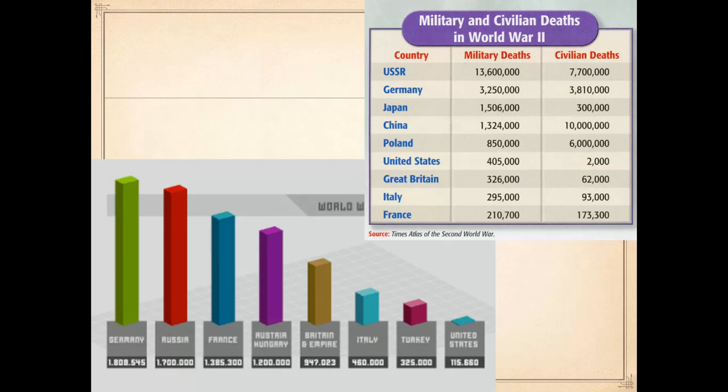On top of that, you also had 7.7 million civilian deaths. So the Soviet Union alone had close to 20 million people dead in World War II. Germany, 3.2 million. Compare that to World War I, 1.8 million at the bottom. So you look at both the military deaths as well as civilians. Again, you're talking about 30 to 40 million people, actually more than that, worldwide. I mean, that's a huge part of the population.